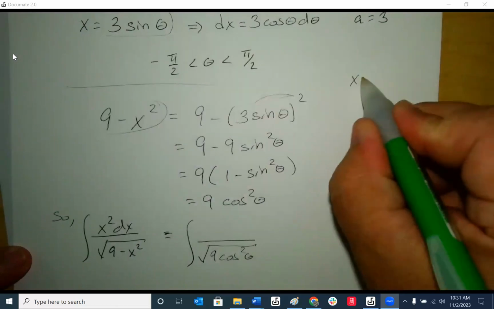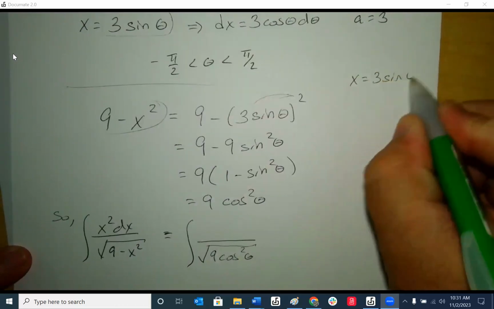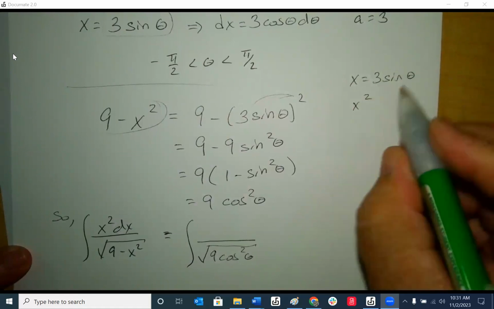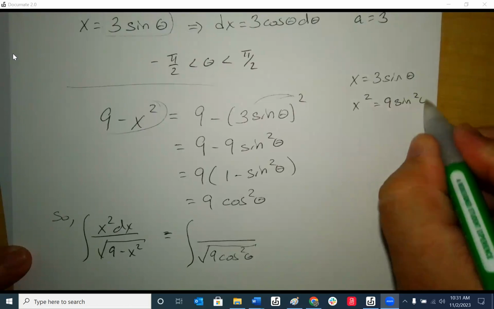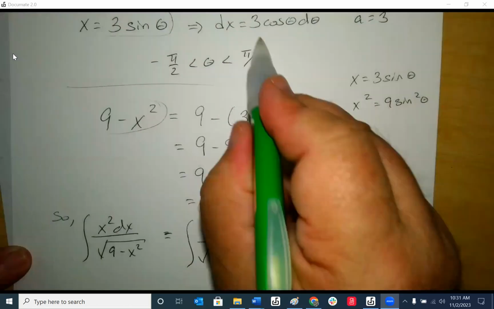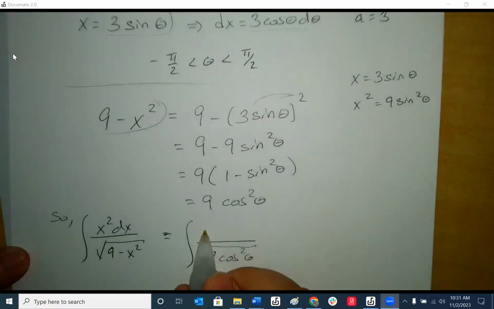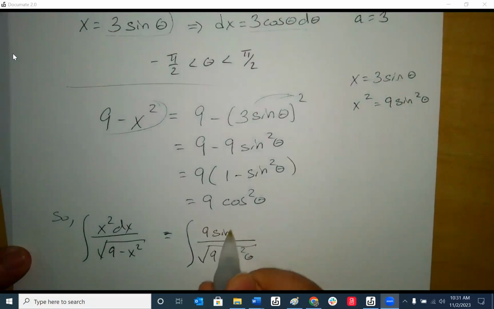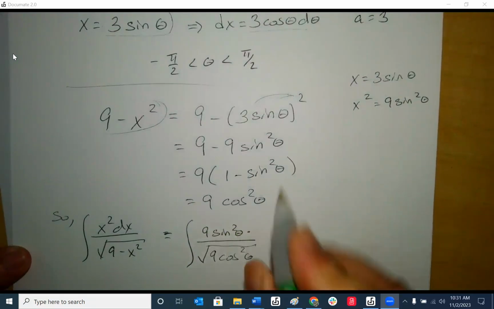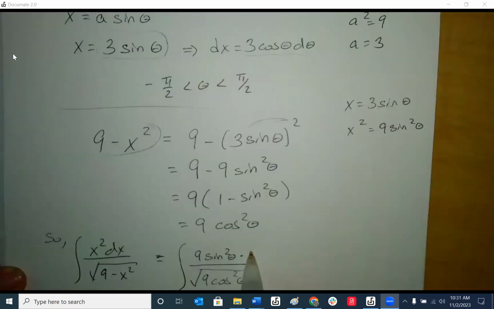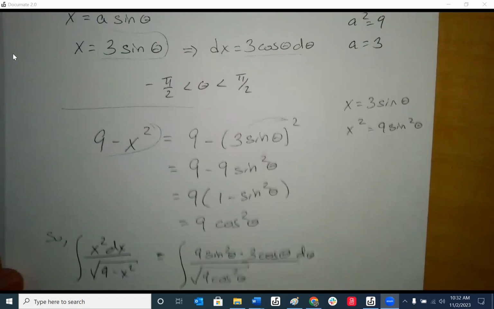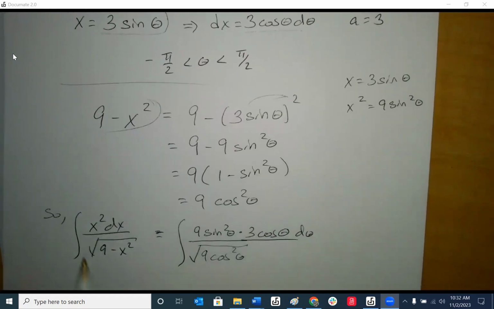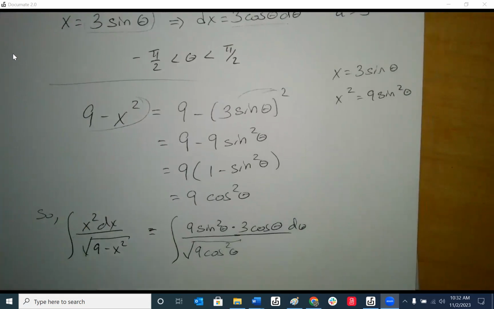Since x is equal to 3 sine theta, x squared is 9 sine squared theta times our dx. So it's 9 sine squared theta times our derivative, 3 cosine theta d theta. Again, we're doing the substitution into trigonometrics, so we have to go from x to theta.